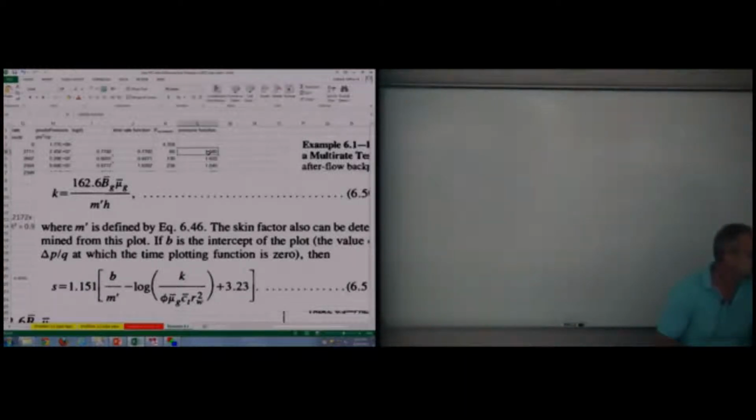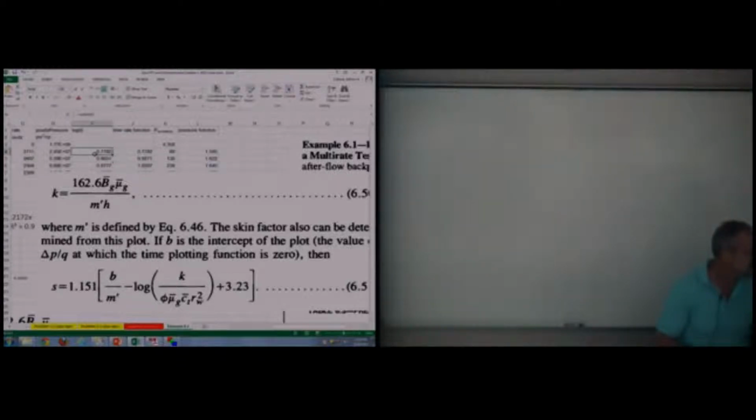Do you remember that we wrote a VB function called super radial, and we took the log of a time difference in there. So it's not apparent that this is P sub 1 hour, but we took the log of time.